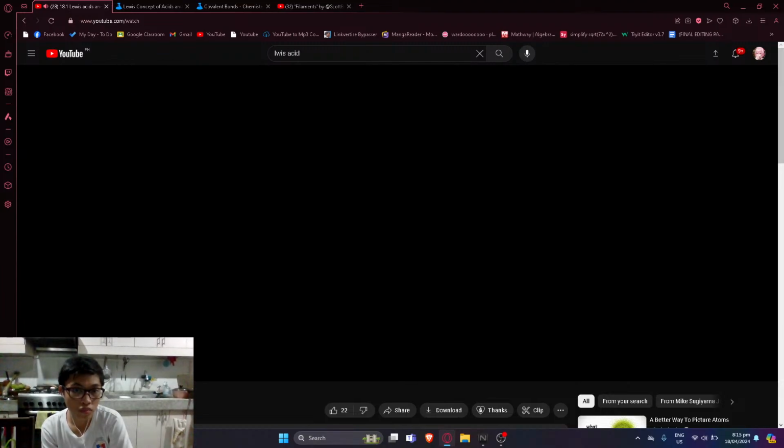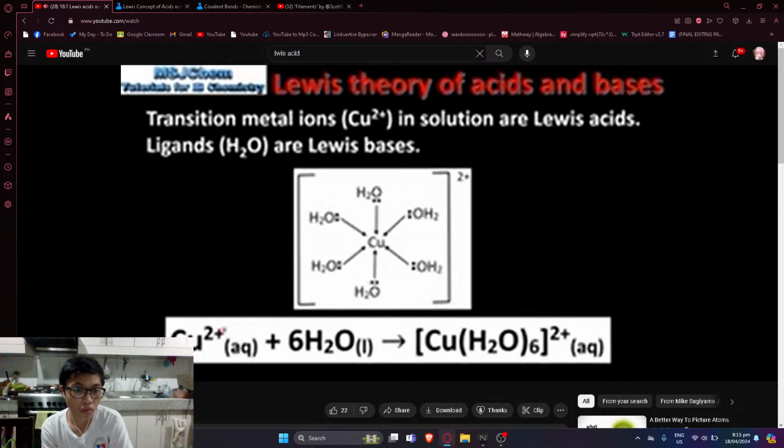The central metal ion, which is the copper 2+ ion, is acting as a Lewis acid by accepting these lone pairs of electrons from the water molecules. The water molecules are donating the lone pairs of electrons on the oxygen atom to the copper 2+ ion. Therefore, they are acting as Lewis bases. And as you can see, the arrows represent the coordinate covalent bonds formed between the ligands and the central metal ion.